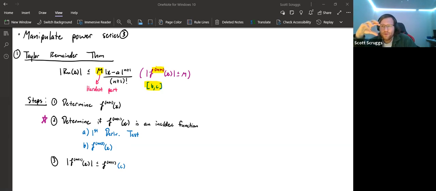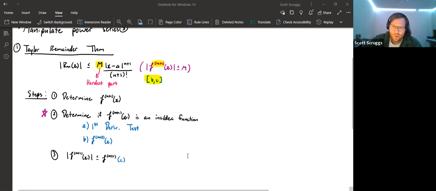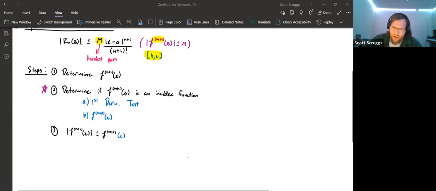Well, in step 2, we concluded that if it was increasing, then as my inputs get bigger, my outputs will also get bigger. So that would mean that for any value for x in the interval b to c, it will not get larger than if I plug in the right endpoint into my n plus 1 derivative.